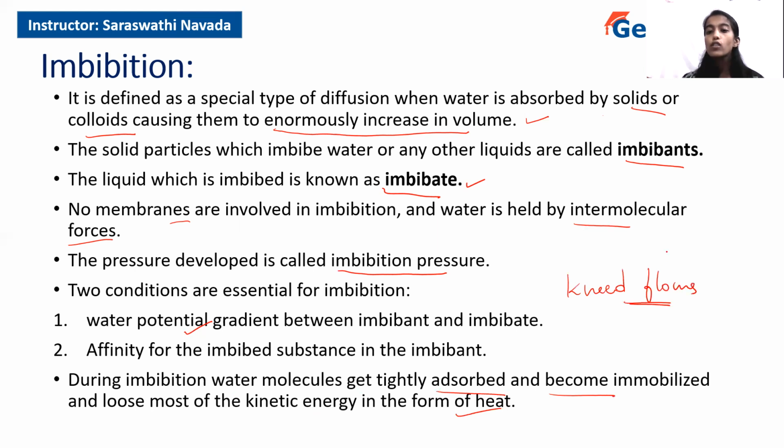These flours have a husk made up of cellulosic fibers, and this husk acts as a colloidal material. When water is absorbed here and due to continuous kneading, the kinetic energy is lost and released in the form of heat.